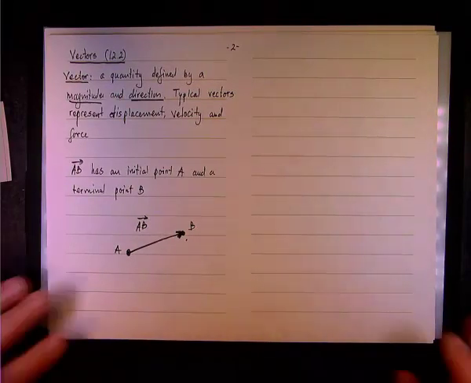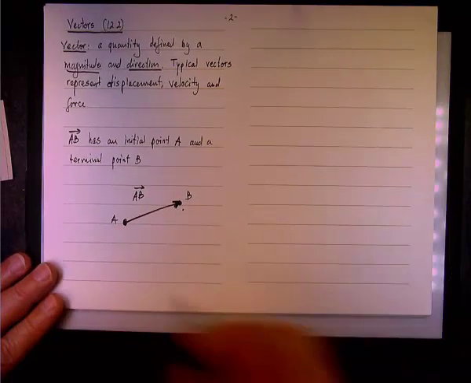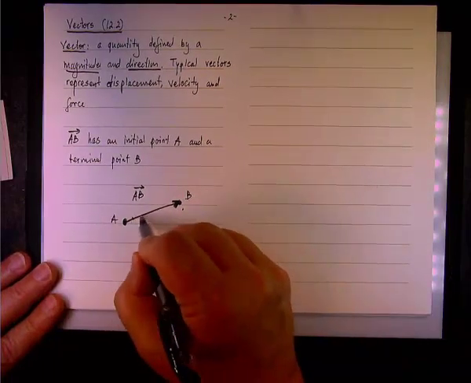Of course, if we go in reverse, that will be either negative AB or BA.